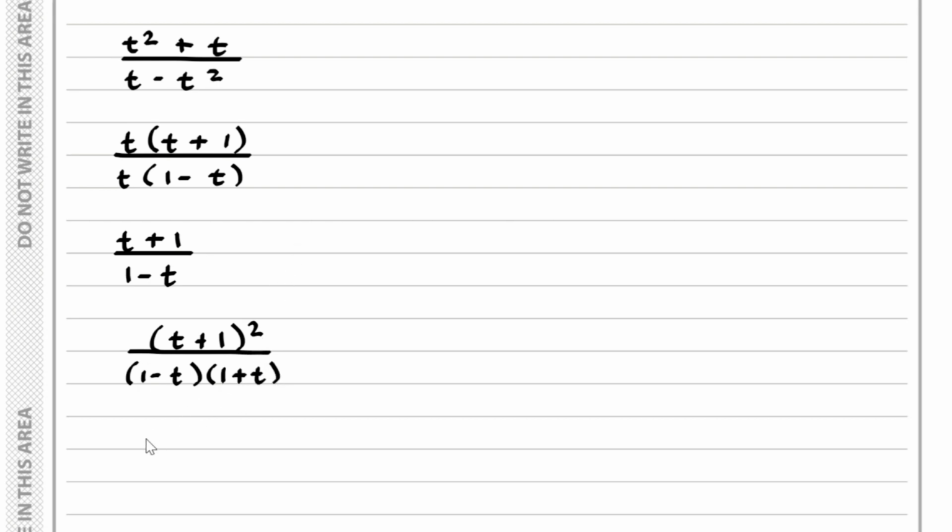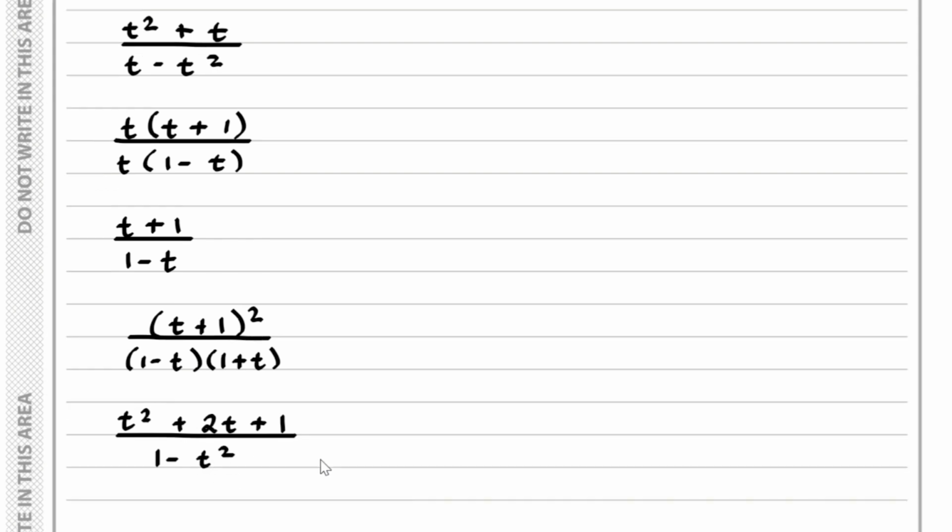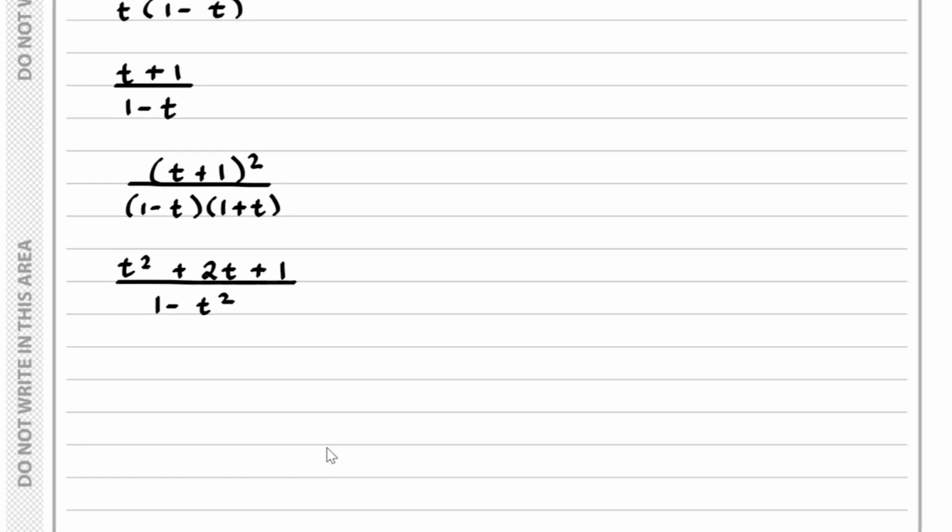And if I expand along the top, we have t squared plus 2t plus 1 divided by 1 minus t squared. And if we split this up, this is the same as 1 plus t squared over 1 minus t squared plus 2t over 1 minus t squared.